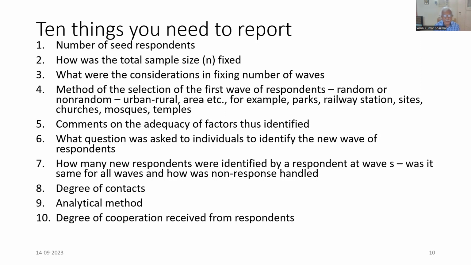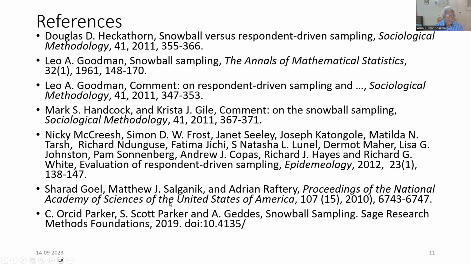Eighth, degree of context. How many people of each category one individual knew? Ninth, analytical method. Which analytical method did you use to analyze the data? And tenth, degree of cooperation received from respondents, because this will help the community of researchers also to reflect on the representativeness, adequacy, and external validity of your estimates.